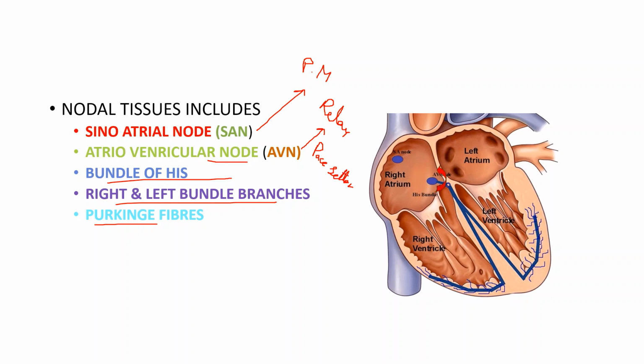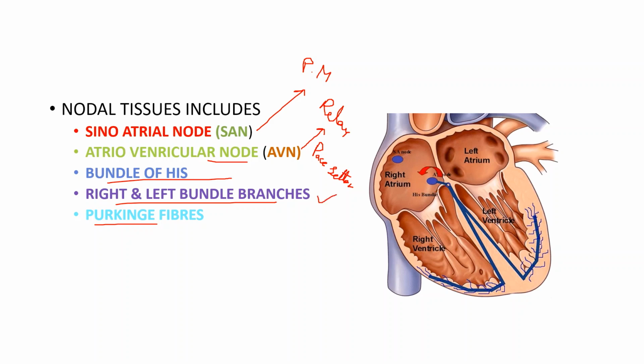The bundle of His is a connection between the Purkinje fibers and the AV node. That means the Purkinje fibers receive impulses through the bundle of His from the AV node. The bundle of His divides into right and left bundle branches.